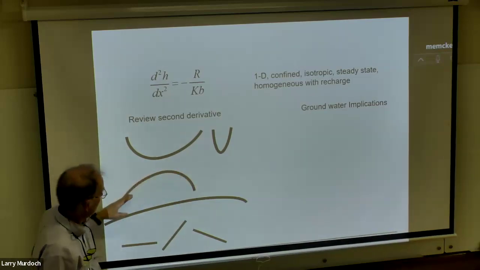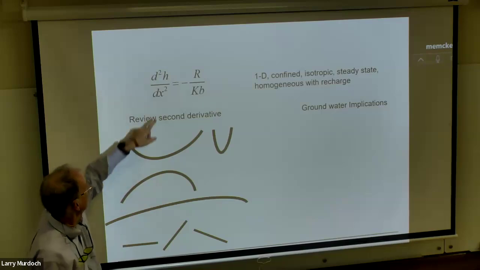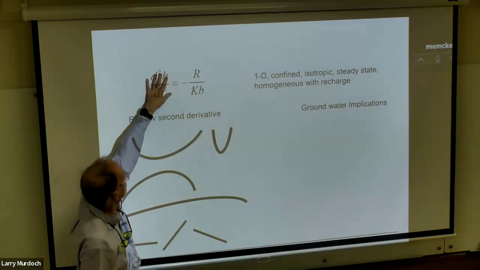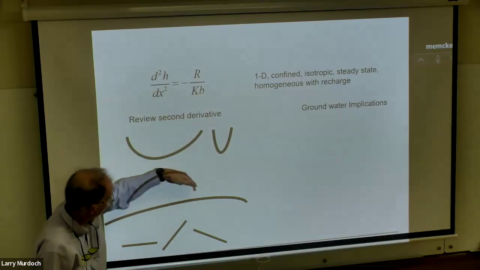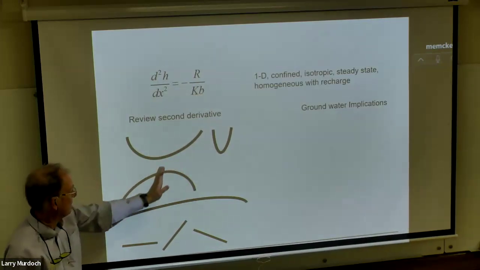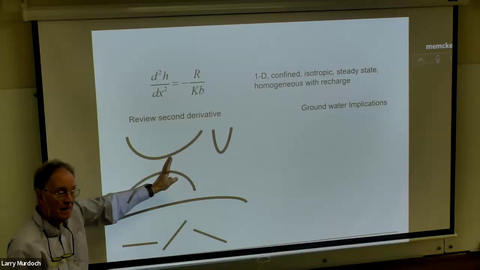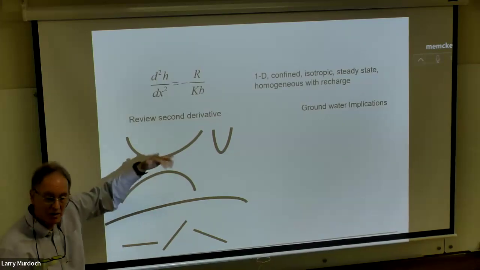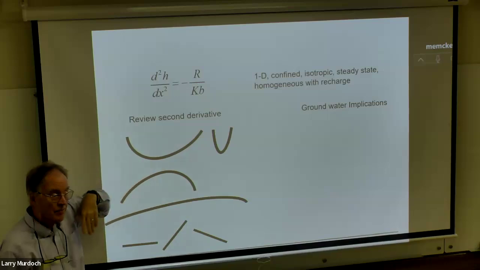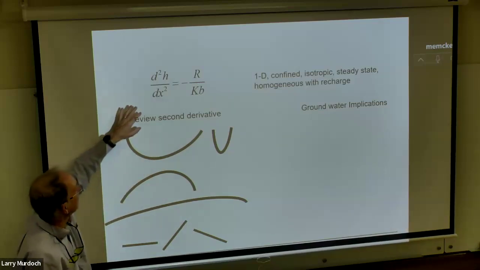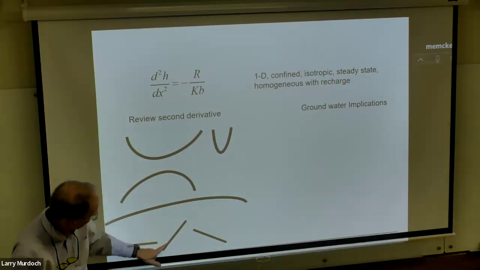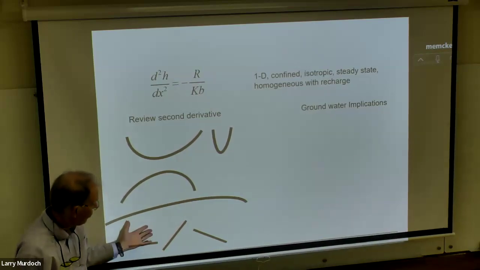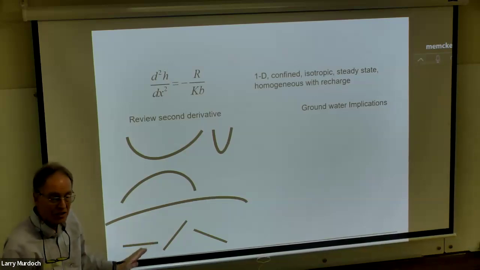Here, the curvature is negative. So that must mean, if this is negative, that this is positive. And so this is like a groundwater ridge. This would be the groundwater divide, kind of the cross section that we've been drawing where there is recharge. Okay, and then here, if the cross section of the hydraulic head looks like that, there's no recharge. It's just straight.